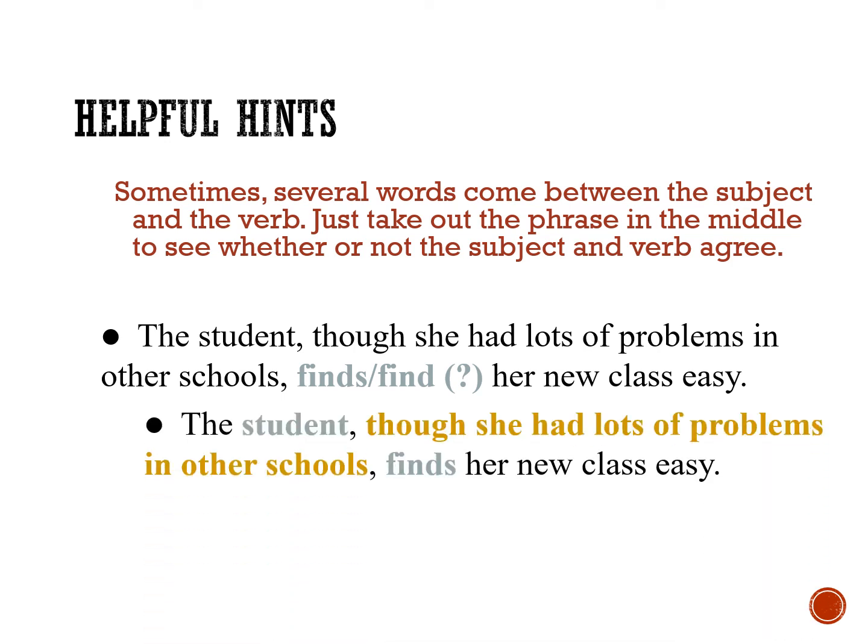The answer is going to be: the student, though she had lots of problems in other schools, finds her new class easy. If there are two commas in a sentence, the subject will be before the first comma and the verb after the second comma.